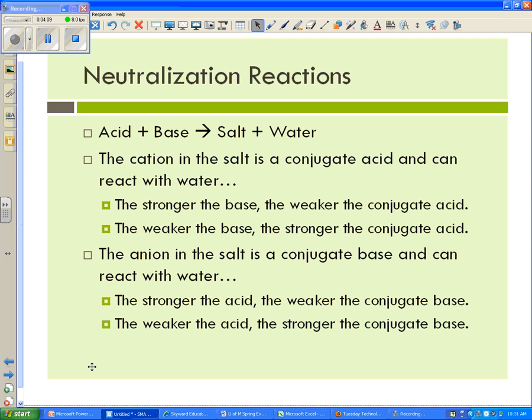Now, depending on what sort of conjugates we have within the salt, they may be able to react with water, which will affect the pH, and they may not be able to. So we'll take a look at different types of reactions between acids and bases, and we'll look at how the solution's pH would be affected depending on the salt that's formed.